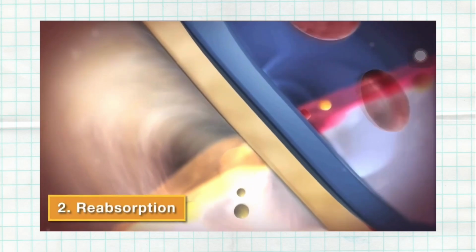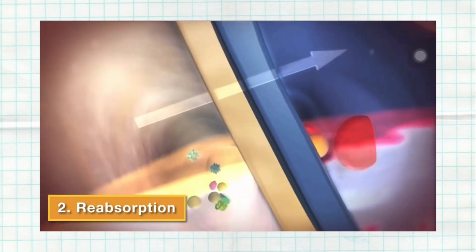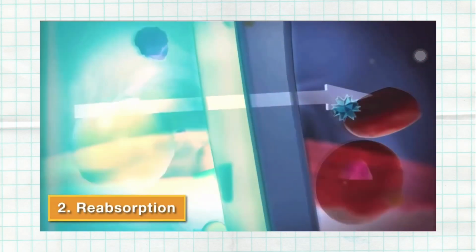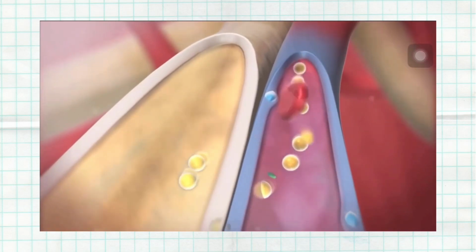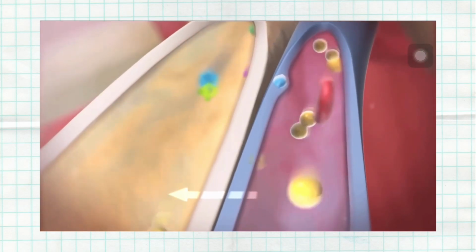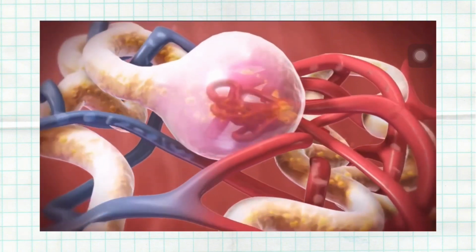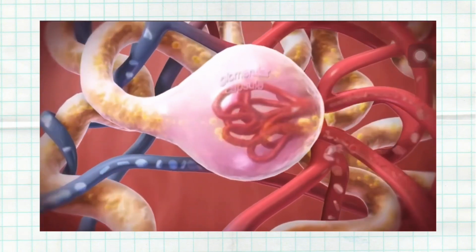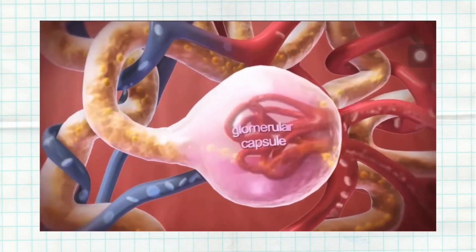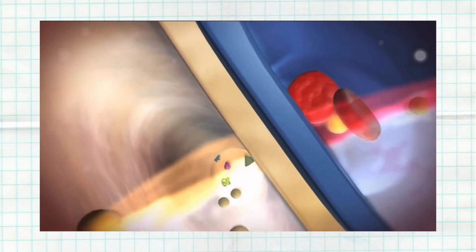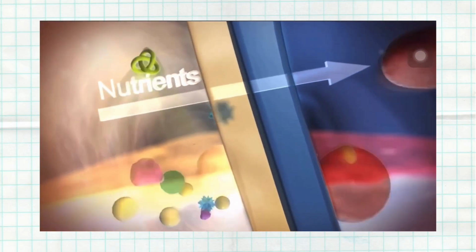The glomerulus filters water and small solutes out of the bloodstream. The resulting filtrate contains waste along with other substances the body needs: essential ions, glucose, amino acids, and smaller proteins. When the filtrate exits, it flows into a duct in the nephron called the renal tubule. The needed substances and some water are reabsorbed through the tube wall of the renal tubule into adjacent capillaries. This reabsorption of vital nutrients from the filtrate is the second step in urine creation.